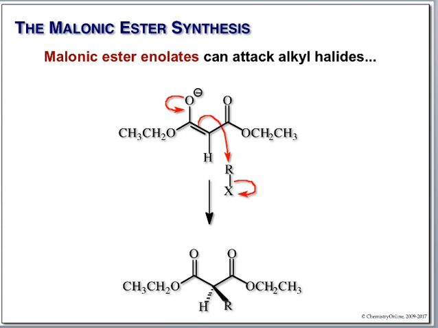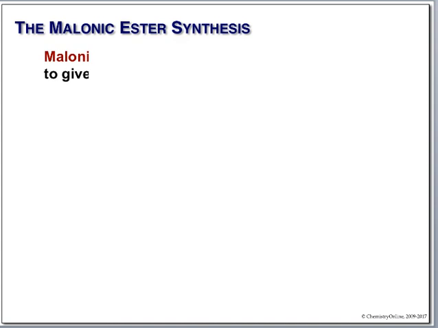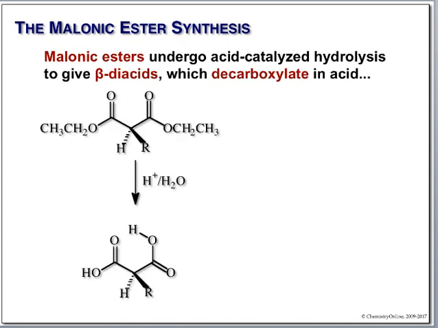We know that Fischer esterification, acid and water, is in equilibrium. If we took this sucker and we dropped it into aqueous acid, what would happen? We would hydrolyze these esters. Here we go. We've alkylated it, and now we just hydrolyze the esters. Oh my goodness, look at this.